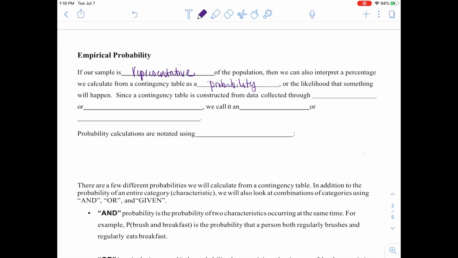All right, since a contingency table is constructed from data collected through sampling, all of our examples have been like a survey says, right? We're going out there in the field, we're getting our hands dirty, we're talking to people. This is also known as an experiment. We can call it an empirical.